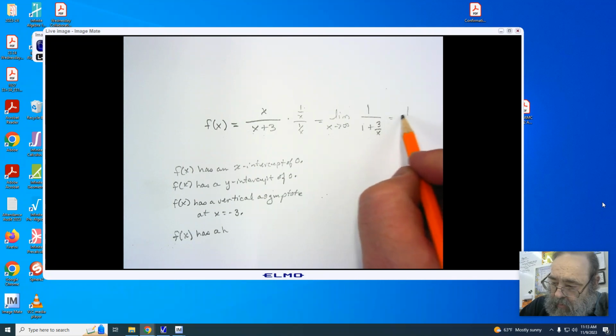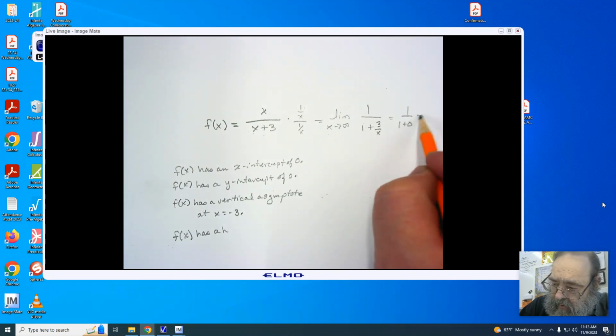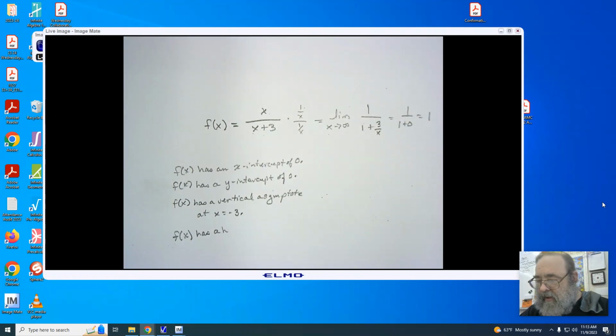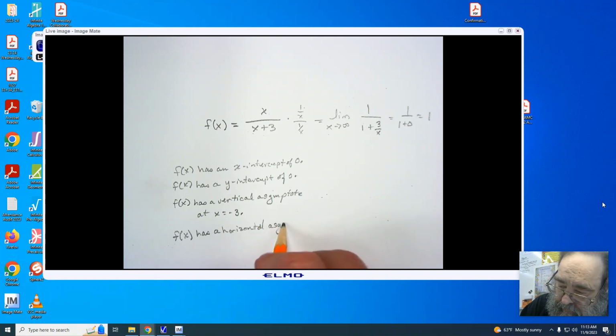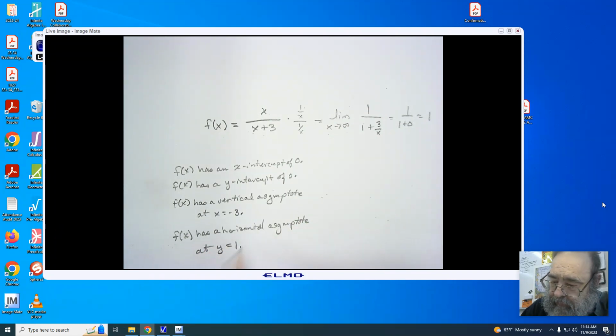This ends up giving you 1 over 1 plus 0, and that horizontal limit is 1. You would then try at negative infinity, and you will see that it's the same thing. So we do have a horizontal limit, or asymptote, and this is at y equals 1.